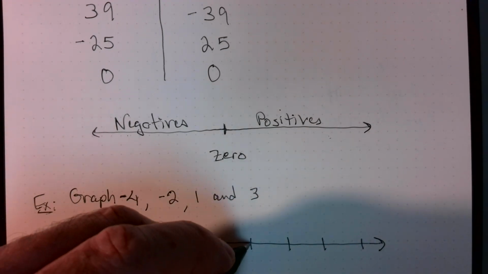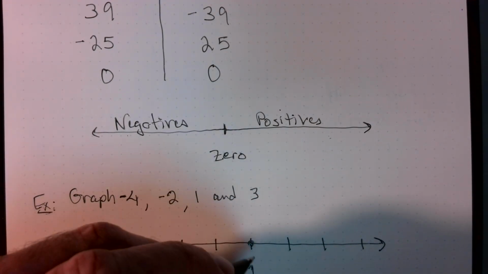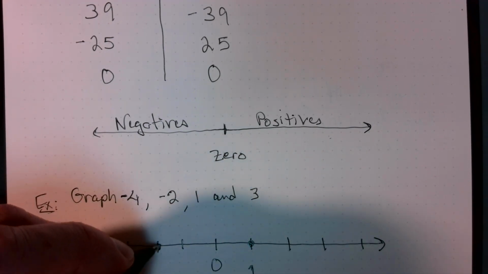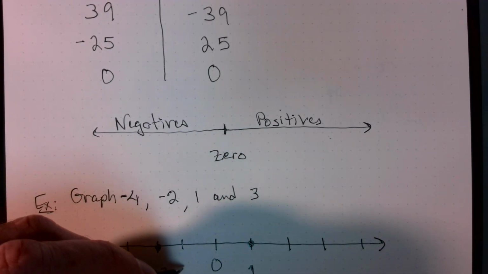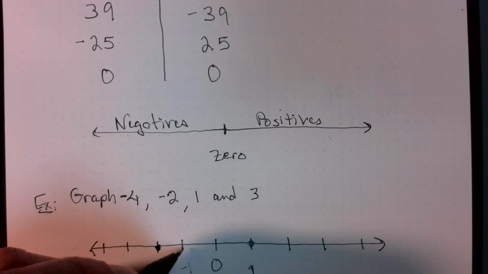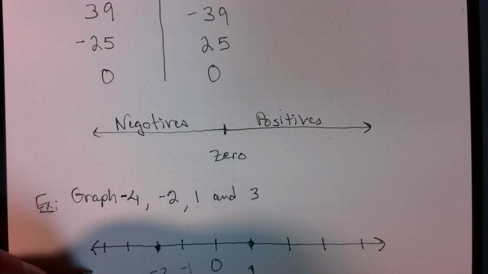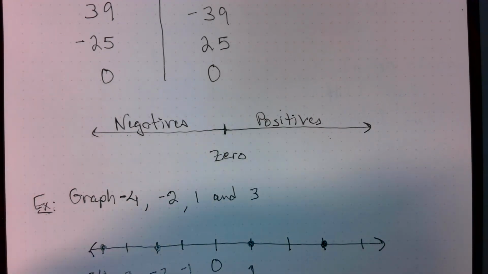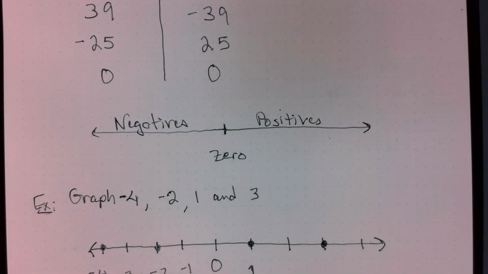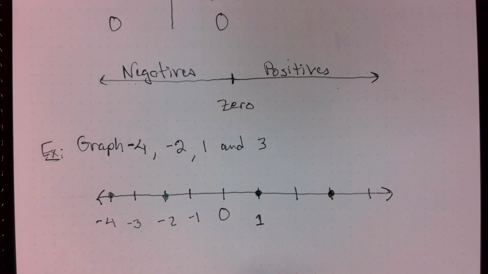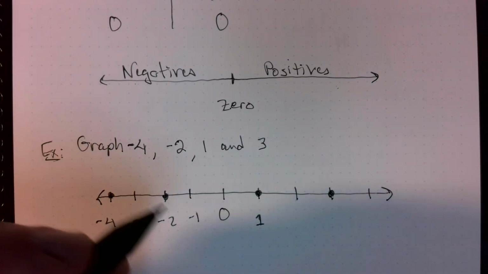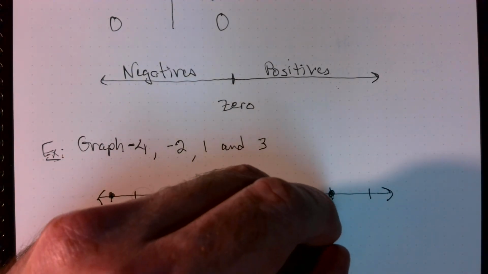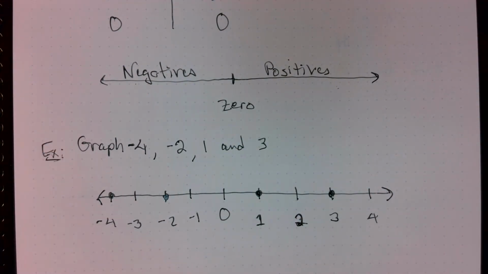To plot something on a number line, we're just going to put a dot. So negative 2 is over here. That's negative 1, negative 2, negative 3, negative 4. Negative 4 right there, positive 3 right there. So graphing on a number line is really easy to do. Just remember you can extend both ways, and the negatives are over to the left, the positives are always to the right of 0.